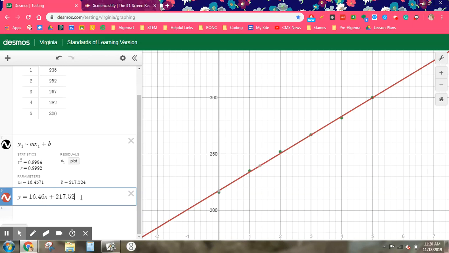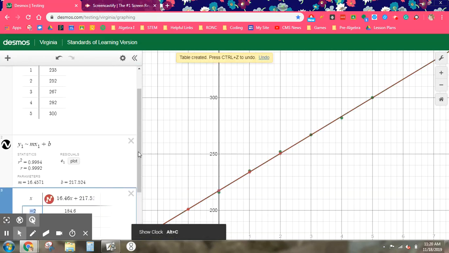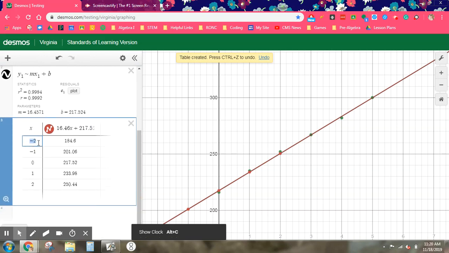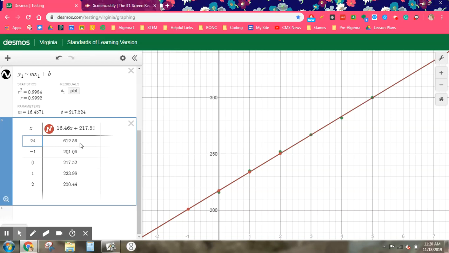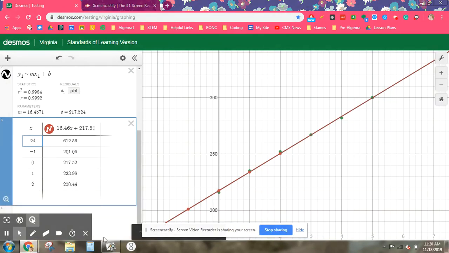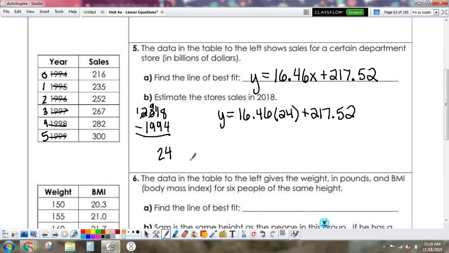To get this to look as a table, I'm going to click on my wheel, edit list, press this table button, and now I have a table. So I can type in my x value of 24, and my answer is 612.56. I can either do that all myself, or I can just have Desmos do it. It's up to you. And that's a dollar amount, so $612.56 billion.